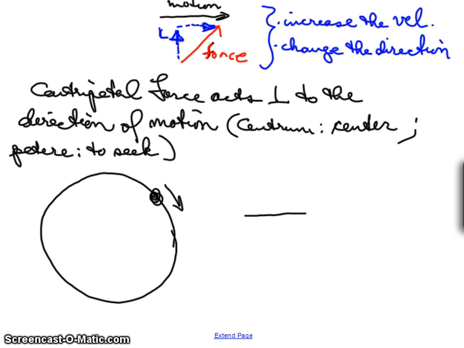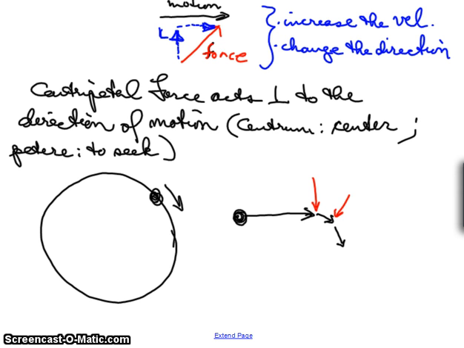Ordinarily, if some object's moving in a straight line, what we're saying is we have to apply a force perpendicular to that motion. And if I apply a force like that, it's going to change the direction of motion. It's going to make it move like that. Then I apply another force perpendicular to that, and that's going to change direction.